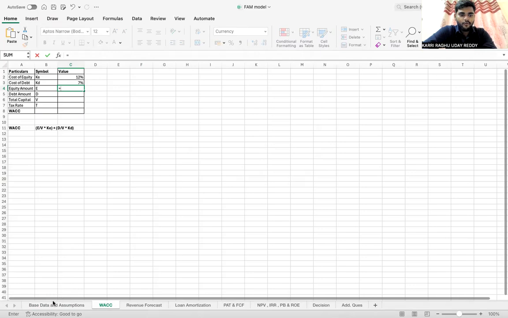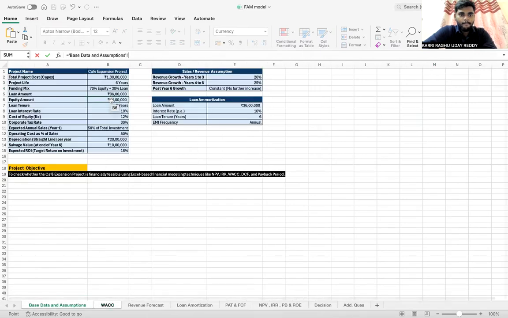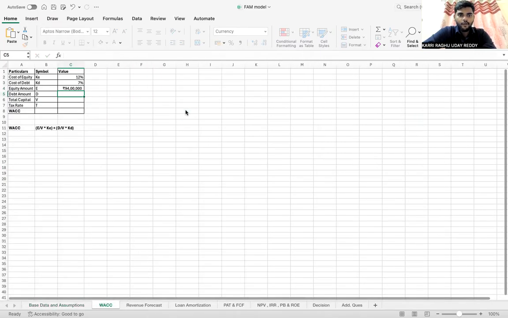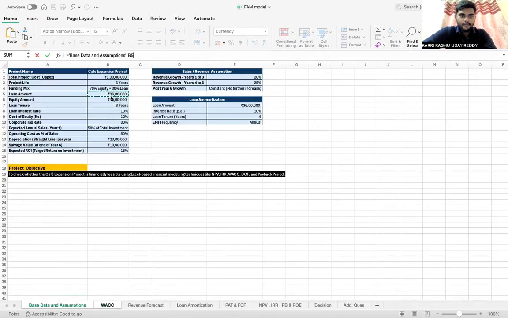The equity amount will be 94 lakhs and the debt amount will be 36 lakhs.